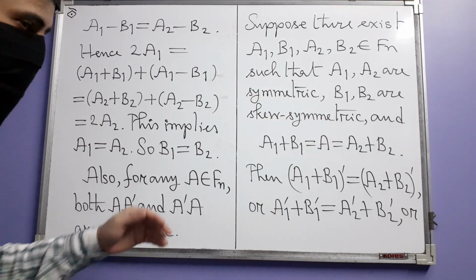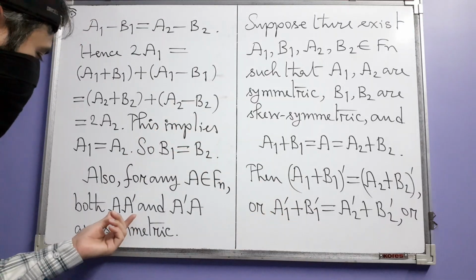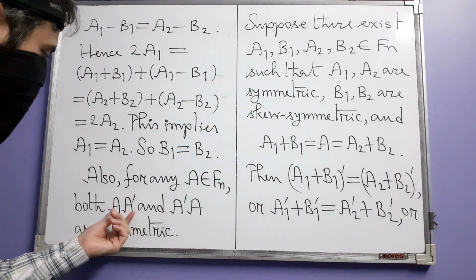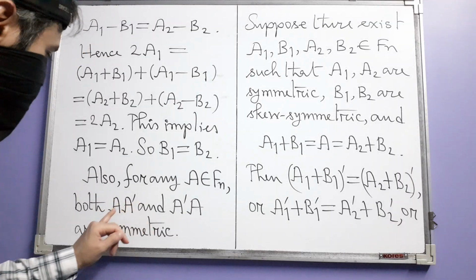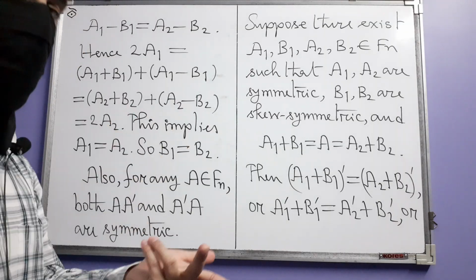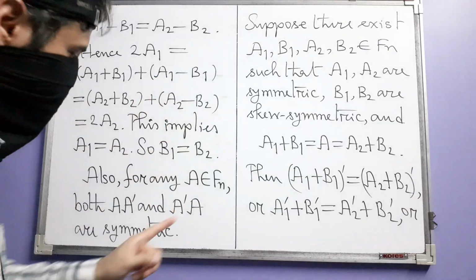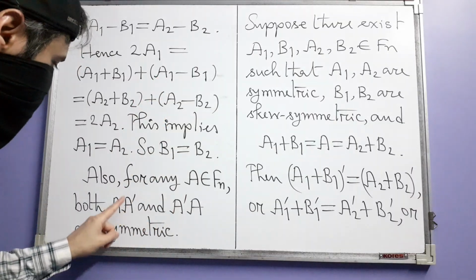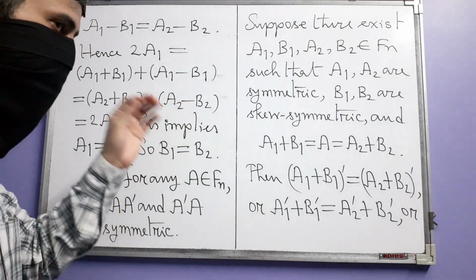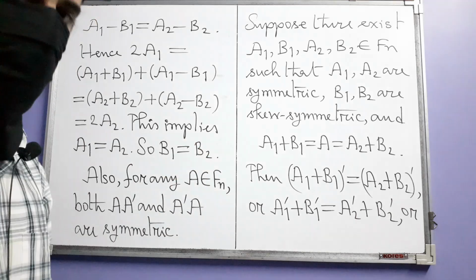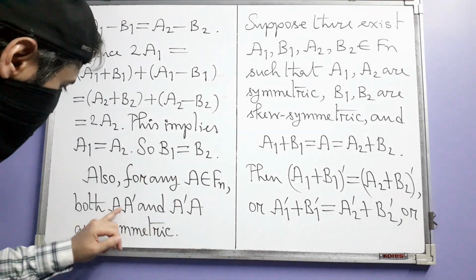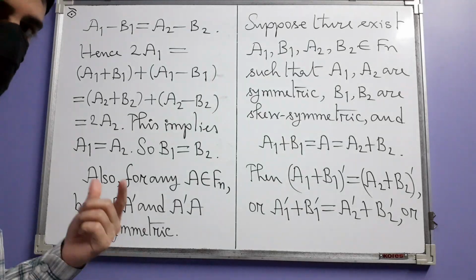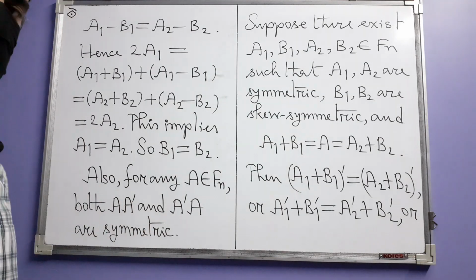Let me just do it verbally. You take the transpose of this, so the transpose distributes itself over the sum, but the order changes. You remember that third property of transpose. So the transpose of this will be A transpose transpose times A transpose, but A transpose transpose is A, so you get back A transpose. That is why it is symmetric. Similarly, this one is also symmetric.